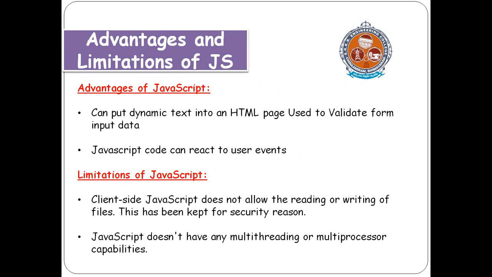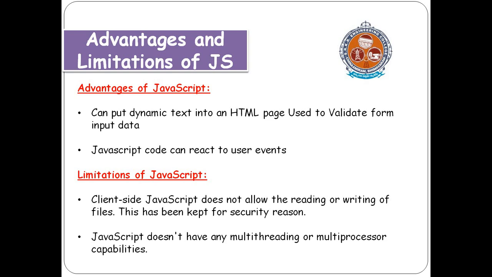So, advantages and limitations of JS. Advantages of JavaScript: you can put dynamic text into an HTML page, and it is easy to validate input data. With the help of JavaScript, you can validate our input data. That means whatever data the user entered can be validated. For example, a mobile number should consist of 10 characters.